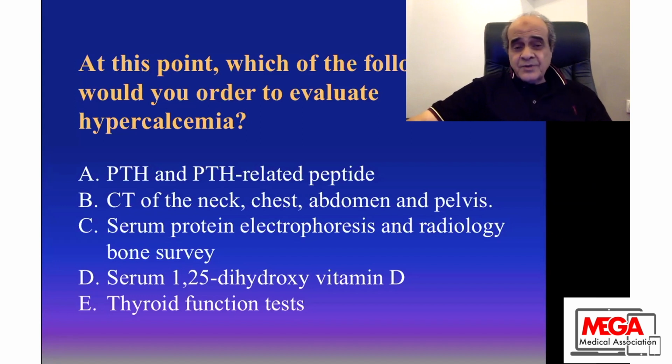Serum 1,25 dihydroxyvitamin D, yes, it can increase calcium, but not to this extent. Thyroid function test, of course, hyperthyroidism increases calcium level, but not so high to this extent.